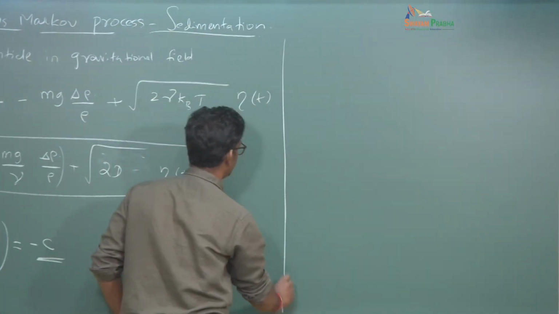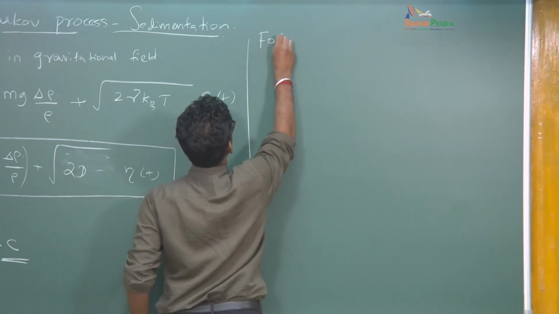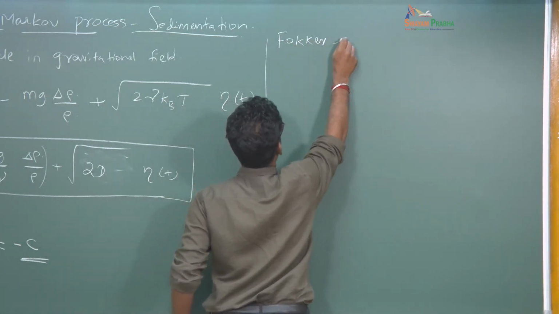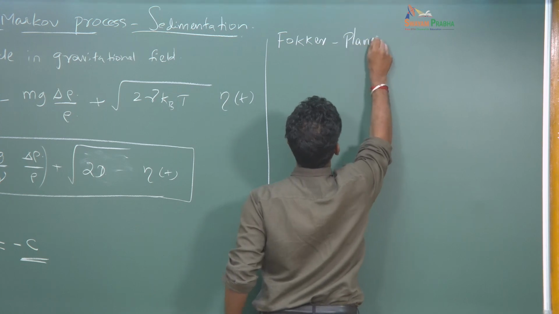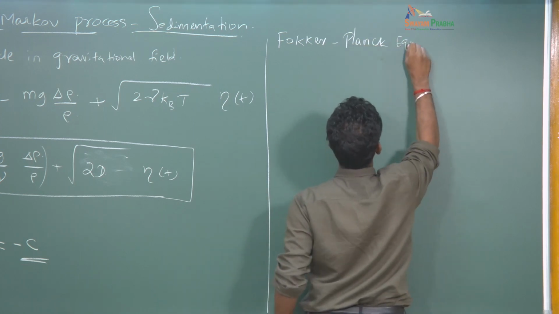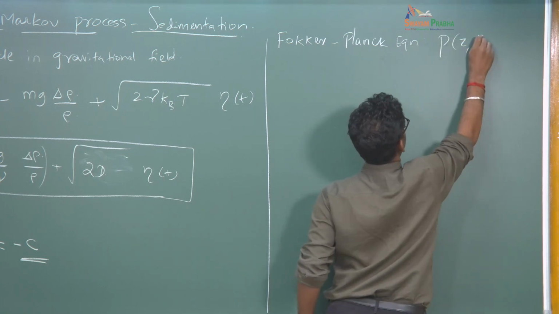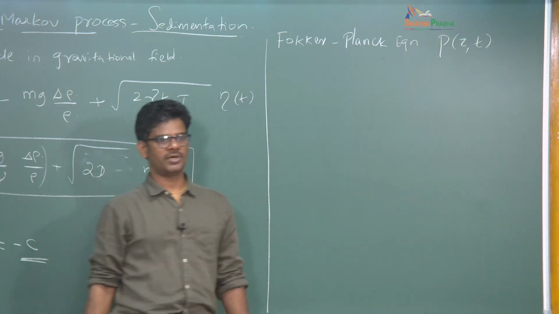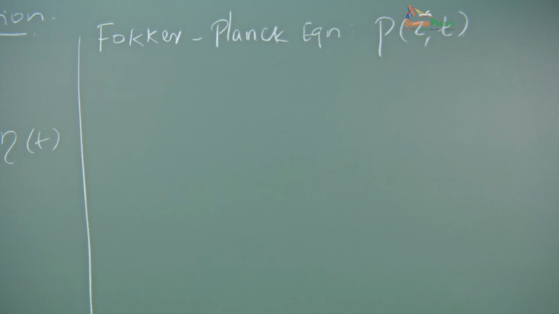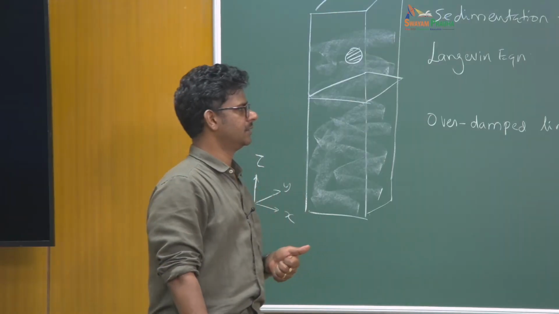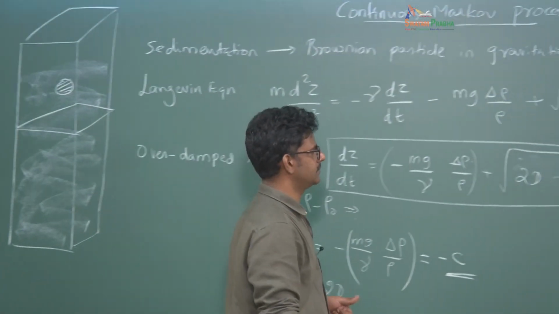So now we can go to the Fokker-Planck equation, and our aim is to find the probability distribution function for the position of the particle as a function of time t.